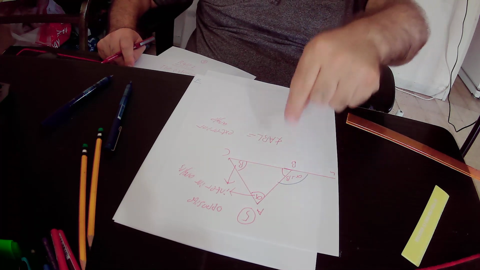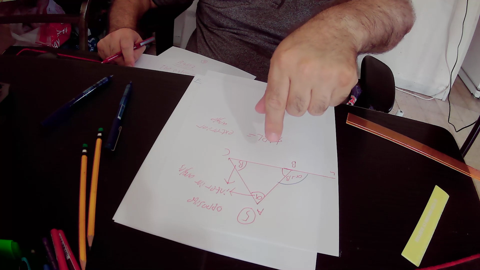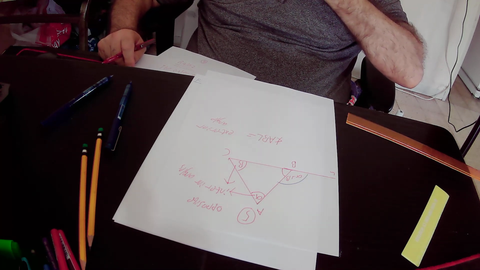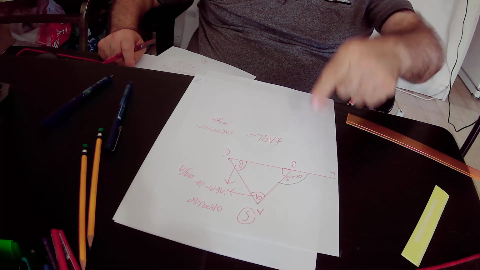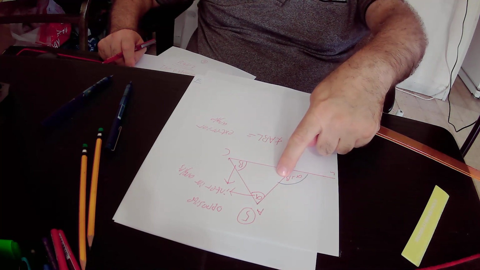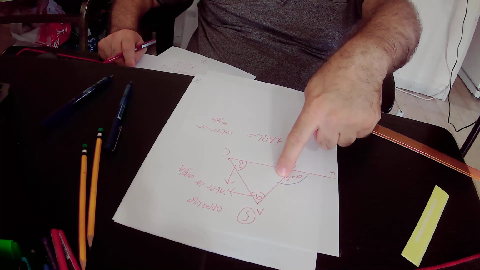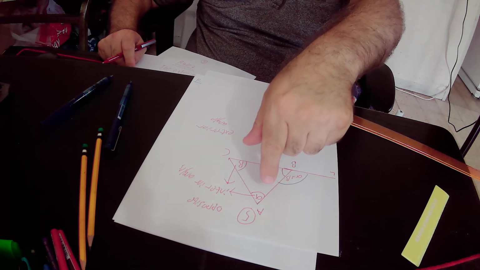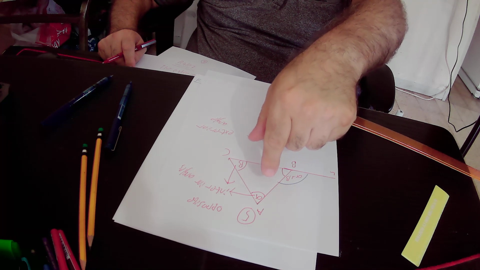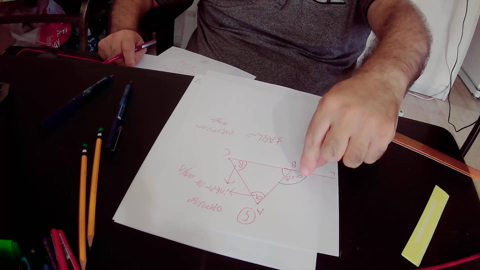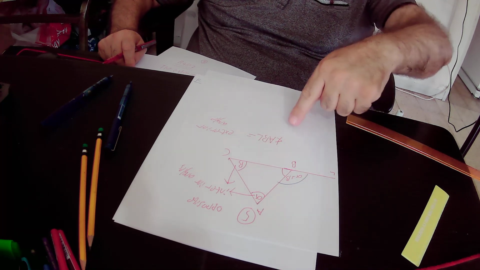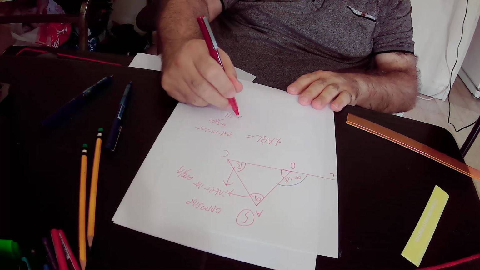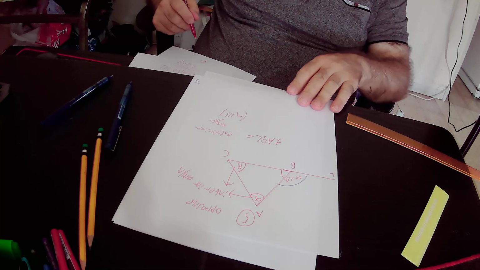First of all, they are interior angles because they are inside triangle ABC, and they are opposite to angle ABC. Therefore, they are defined as opposite interior angles. So the sum of those two opposite interior angles equals to the exterior angle ABL, or ABL equals to alpha plus beta according to rule number 2.